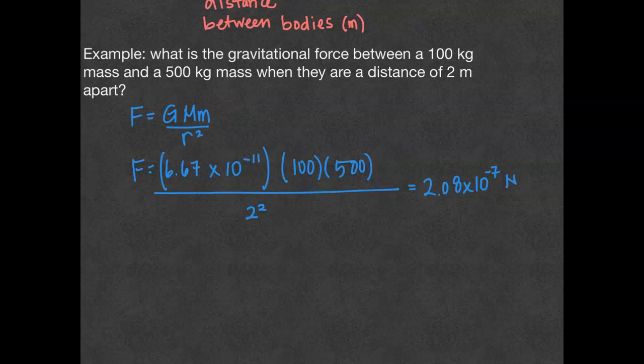And notice how small this force is, times 10 to the negative 7. That means that there are 6 zeros in front of the 2 before the decimal point. So this is a very, very small force between these relatively large objects. To us, a 100 kilogram object and a 500 kilogram object are not small.